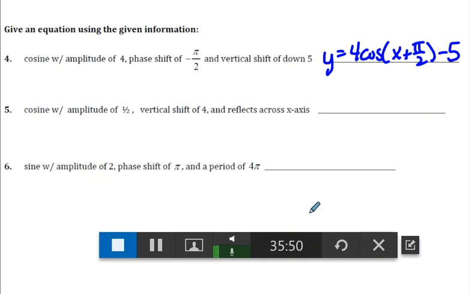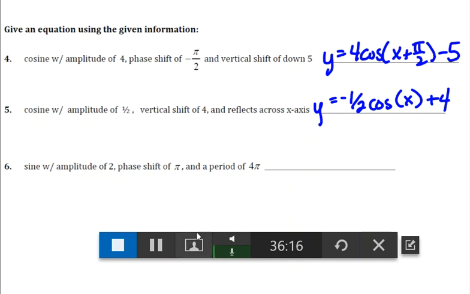Next one, raise your hand if you're willing to volunteer your answer. Kieran. Y equals negative 1/2 cosine of parentheses x close parentheses plus 4. All right, what do you think of that one? You have the same thing? Yes, no? Yeah? Okay. Number 6, who wants to volunteer?